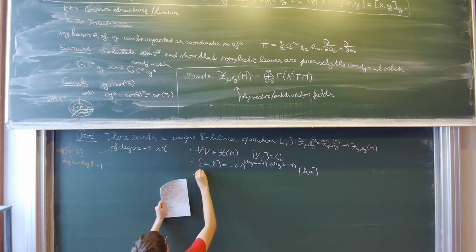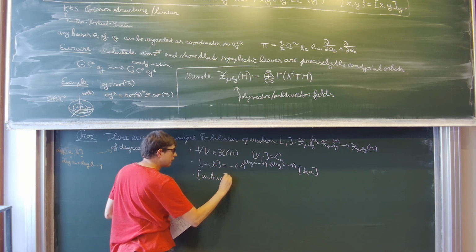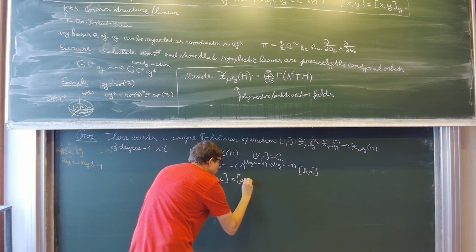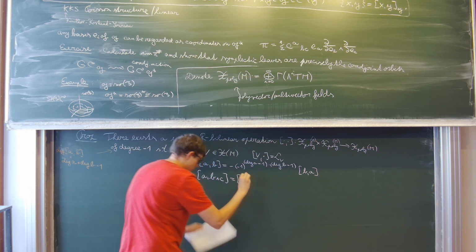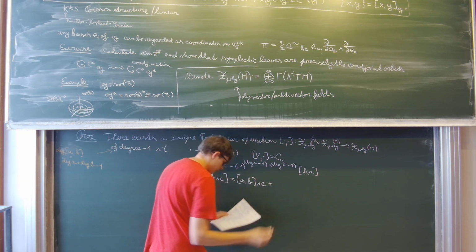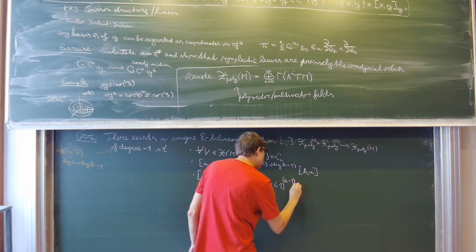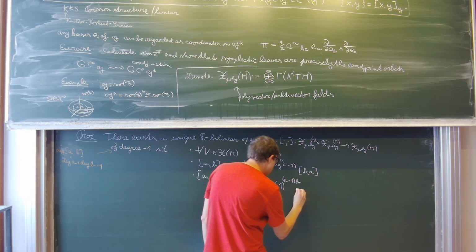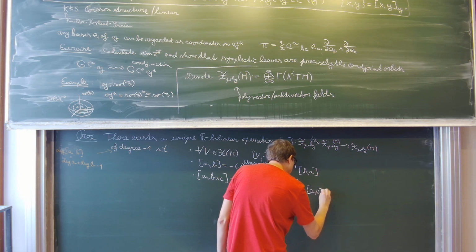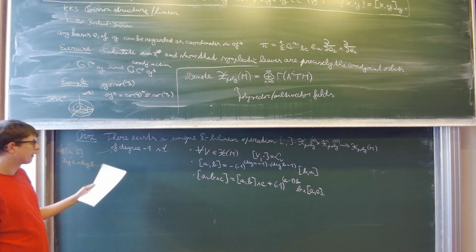I want that if I act on the wedge product, this thing is the bracket of A, B wedge C plus minus 1 to some power, bracket of A, C wedge B. An arguably complicated definition.